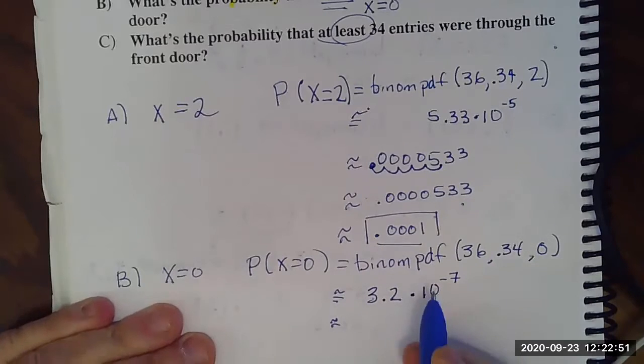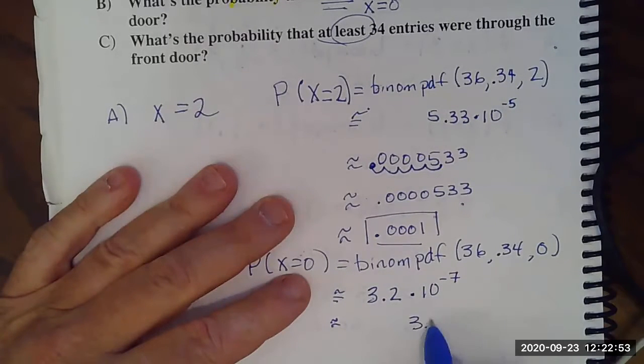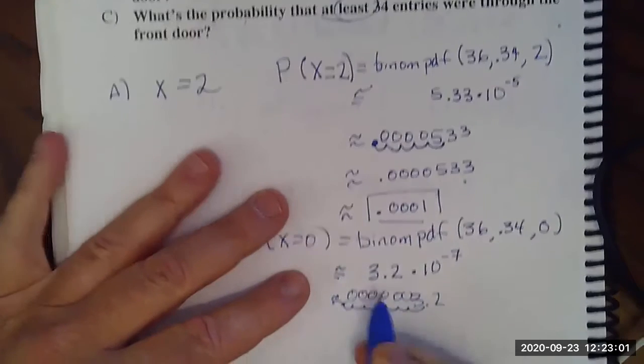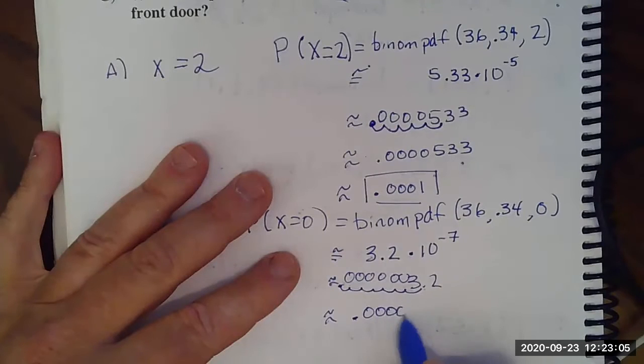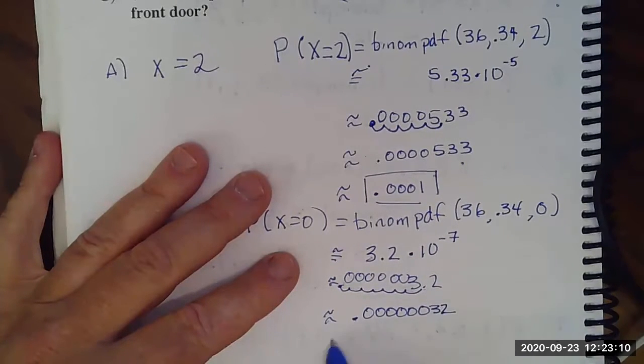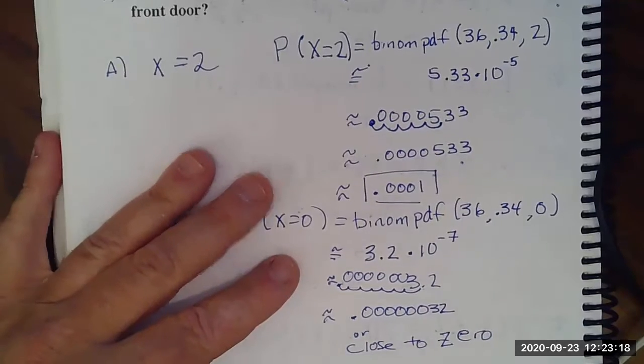Squiggle, squiggle. 3.2, 1, 2, 3, 4, 5, 6, 7. Bunch of zeros. Squiggle, squiggle. Close to 0.